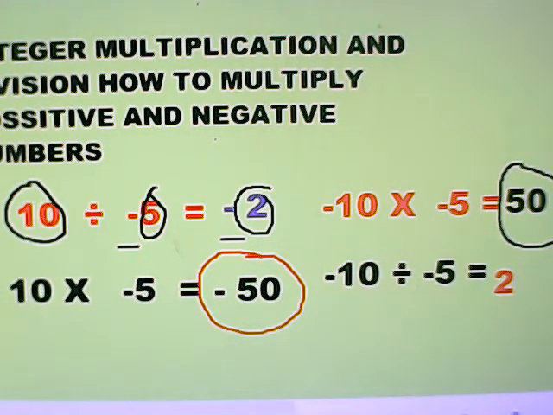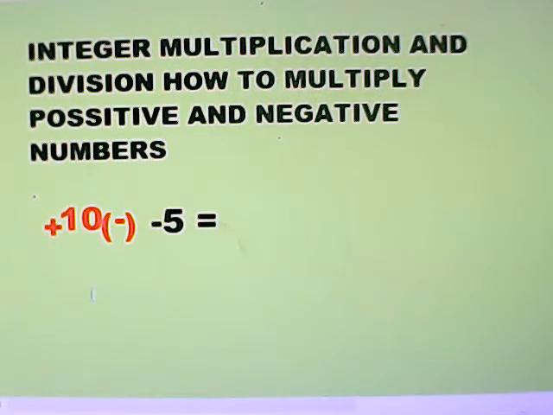Another example. Positive 10 minus negative 5. The first thing you have to do is change the sign. Because it is negative, you have to change it into positive.